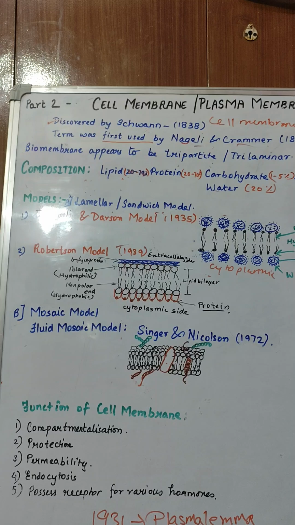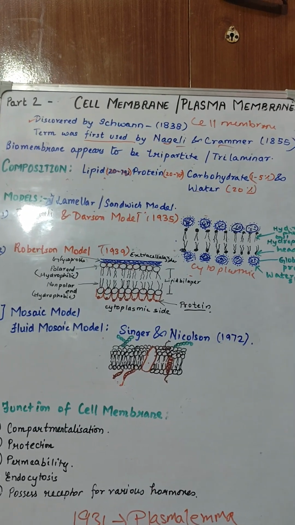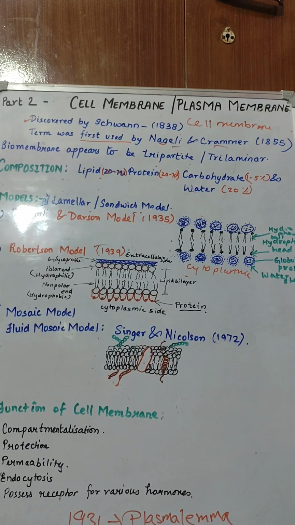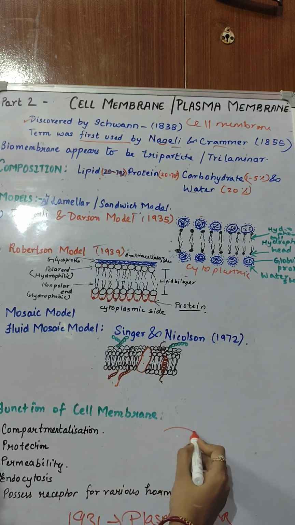So what is plasma membrane? It is a thin membranous structure which covers the protoplasm of the cell. It is a membranous covering of the protoplast. So this membrane occurs outside the cell, covering the cell.